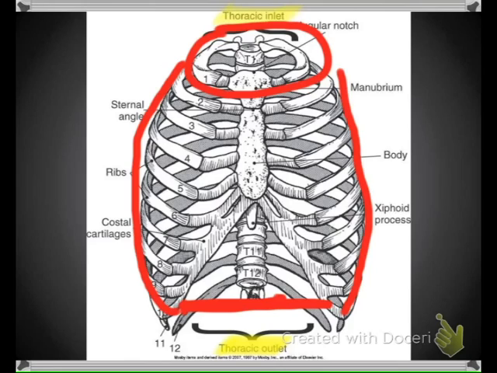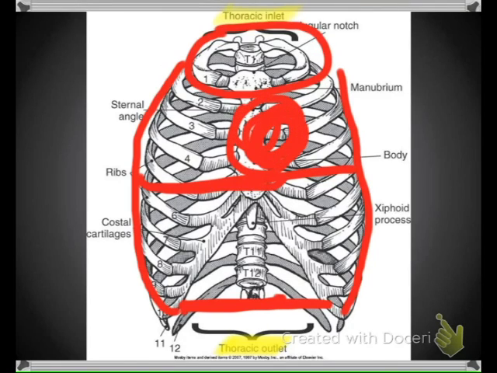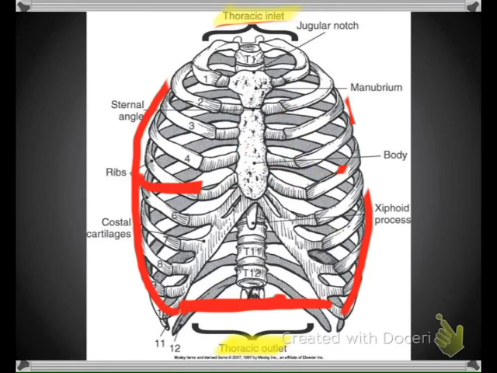Notice that the more constricted areas are up higher where your heart is, so if your heart is around in this area, the rib cage functions best in terms of being shaped like this. It offers the greatest amount of protection. So just know what the thoracic inlet is and what the thoracic outlet is, and where they are in location to the body.